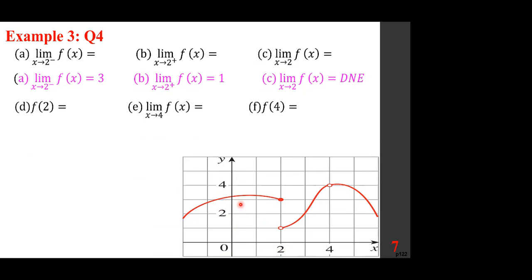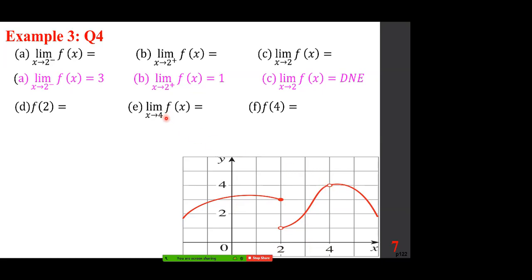All right. Now, what about f of 2? I hope you see that f of 2, because this is a solid point, is the y coordinate of the point, which is number 3. For 4, whether we come from the left or right, in this portion or in this portion, in both cases, we end up with the same hole.